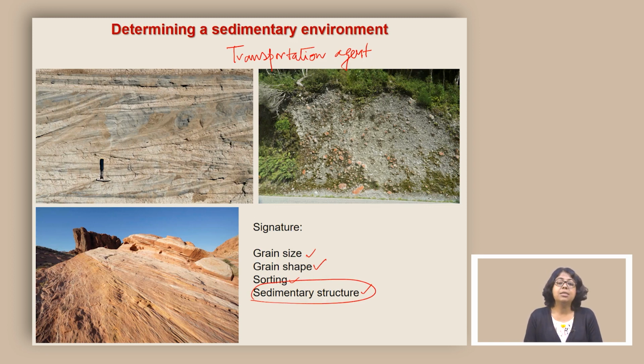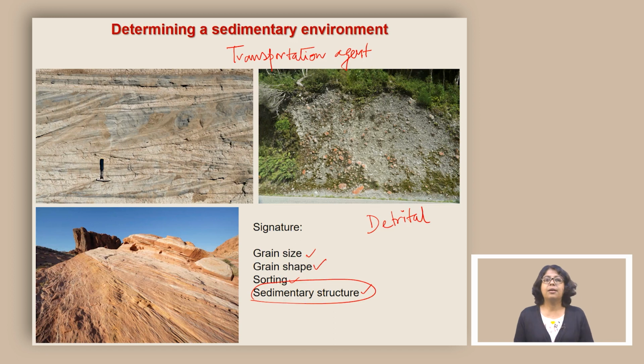Grain size means how big or how small a particular grain is. Because we are here primarily talking about detrital sedimentary rocks, it is important to talk about the grain. The grain size will depend on the energy of the medium, energy of the transportation agent.